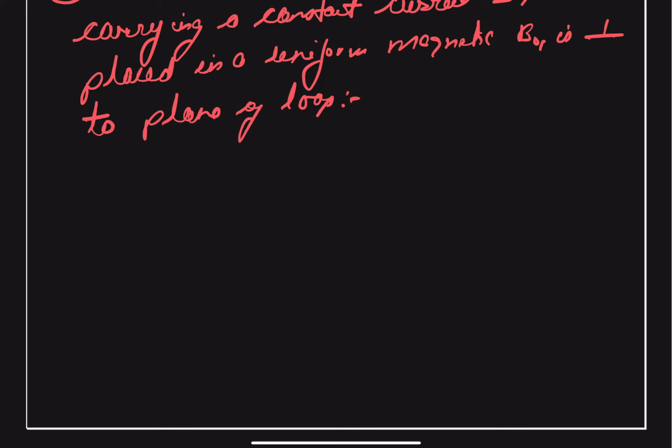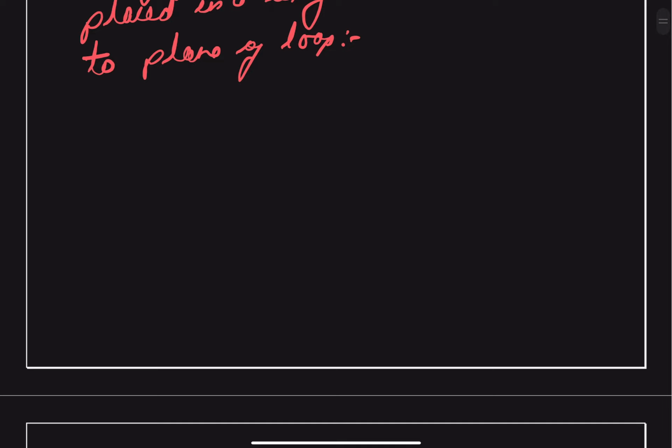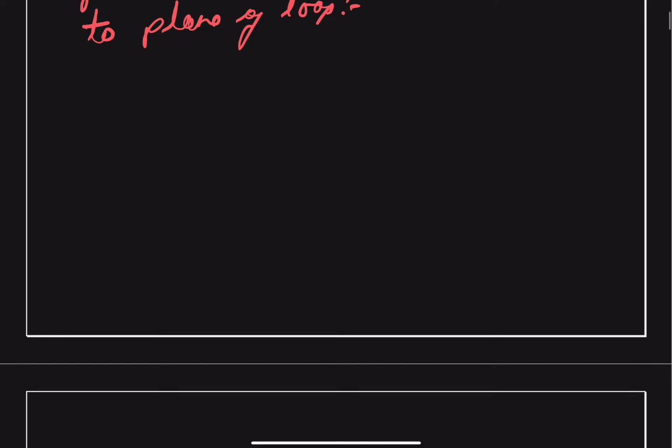From this entire description, we can draw two important conclusions. The first conclusion is that the small length dl is tangential to the loop.